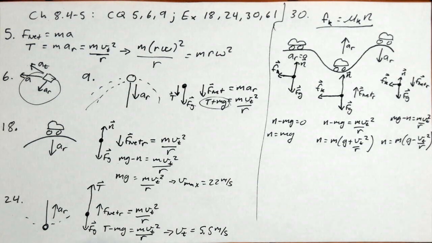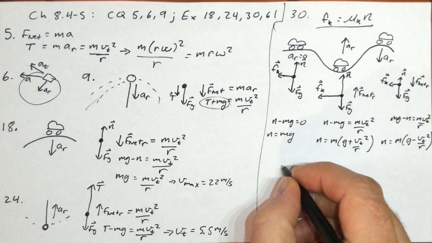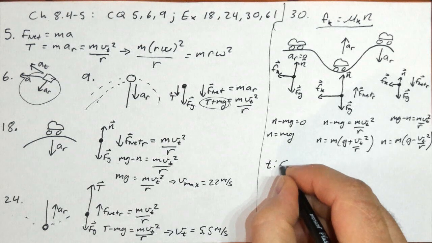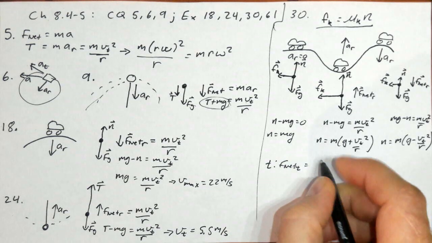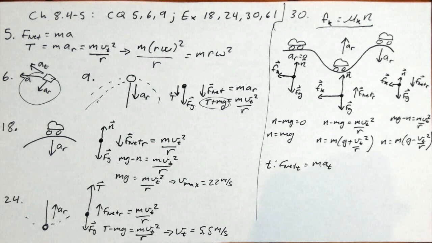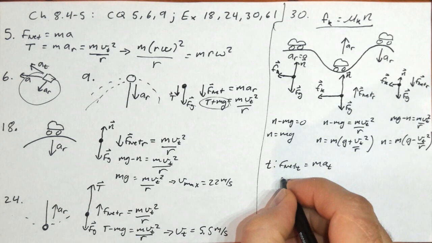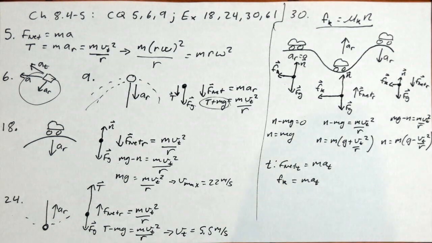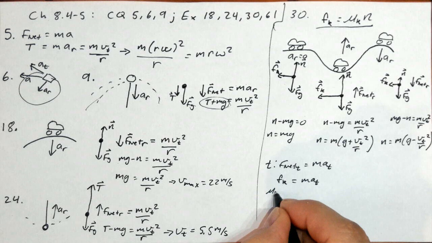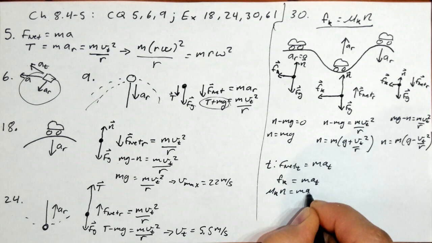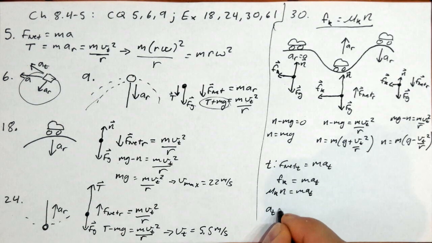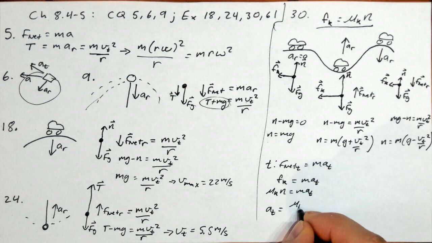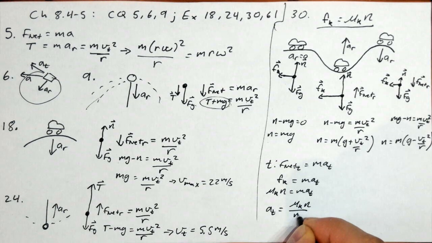And now the last thing to do is just to say, okay, well, in the tangential component, my net force, F net tangential, is equal to ma tangential. All right, but F net tangential is just Fk, and Fk is just mu k times n. So At, the tangential component, is then equal to mu k n divided by m.